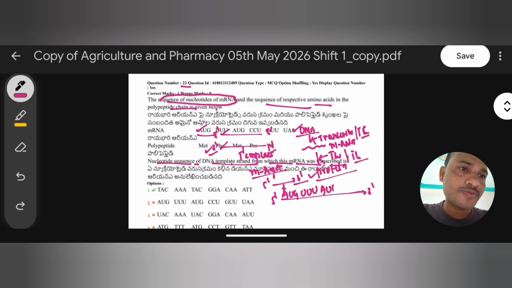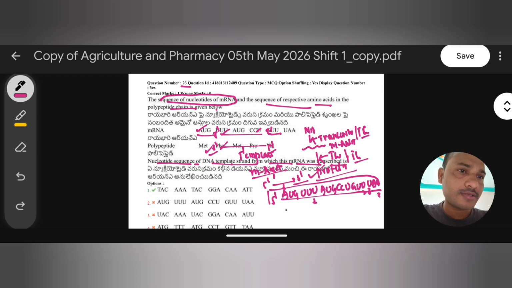AUG again codes for methionine, then CCU, then GUU, and then UAA at the 3 prime end. So this is the nucleotide sequence given on the mRNA, and we have to find out which strand of DNA it comes from.